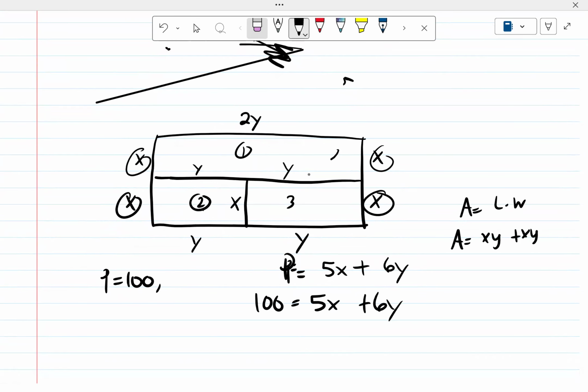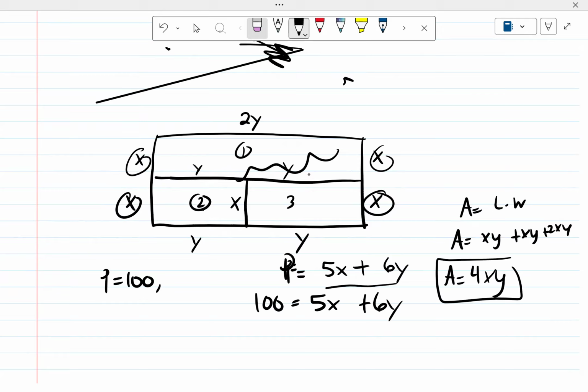The area of this pen is 2xy, right? The length is, yeah, 2xy. So the total area is going to be 4xy. So I'm going to circle this. We're probably going to use this formula, right?